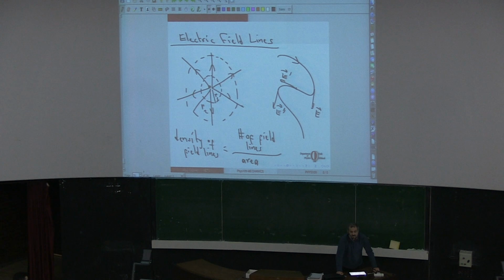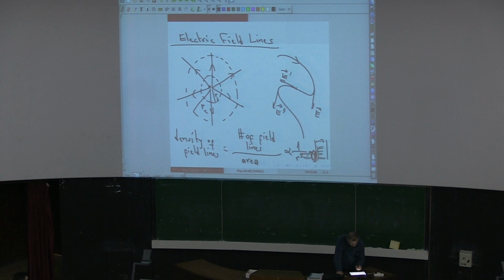Well, the number of field lines is a constant by construction. The area of the sphere is 4 pi r squared, so the density of field lines is proportional to 1 over r squared. Just like our intensity of the electric field.